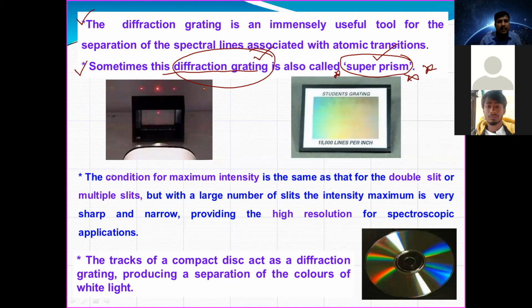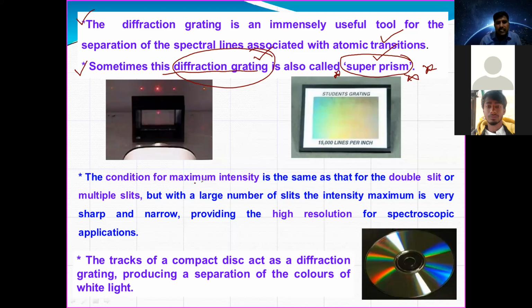The diffraction grating is an immensely useful tool for the separation of spectral lines associated with atomic transitions. Another name for this is super prism.